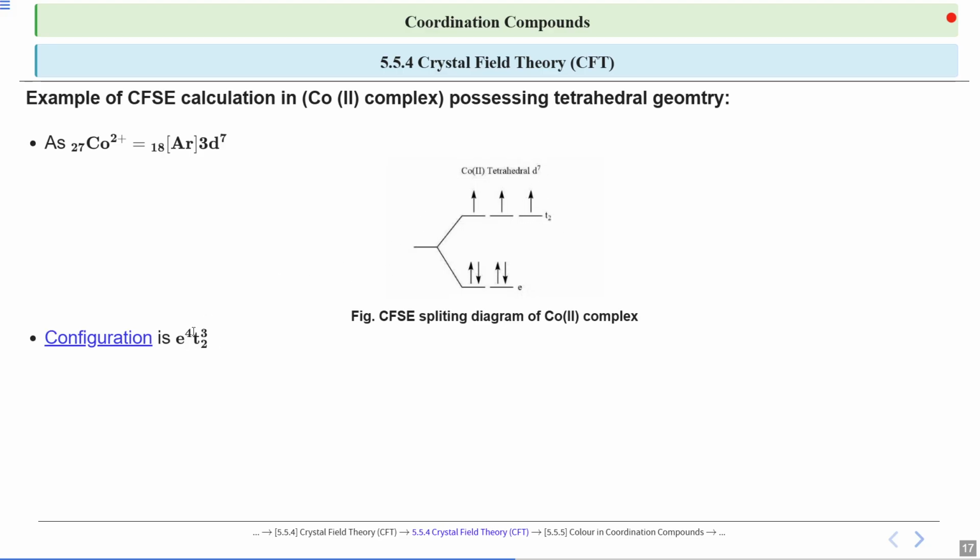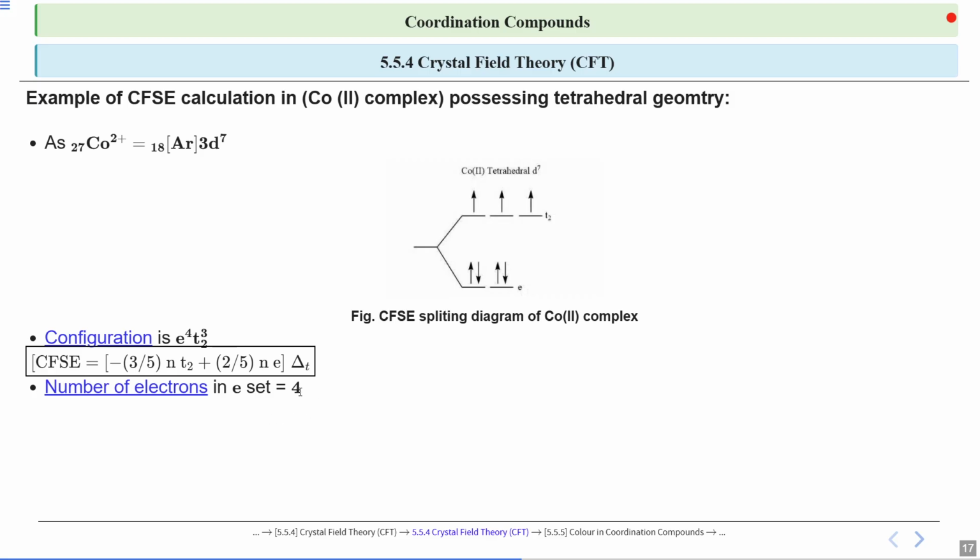So the configuration becomes E4 T2 3. In the T2 we have 3 electrons, in the E we have 4 electrons. If you want to calculate the crystal field splitting energy, then you can again use the formula, minus 3 by 5 n T2 plus 2 by 5 n E, times delta T. Now you know the number of electrons in the E set is 4, so you place 4 at the place of n E. And the number of electrons in the T2 set is 3, so you place 3 at the place of n T2.